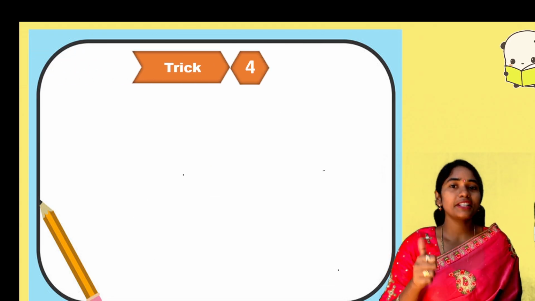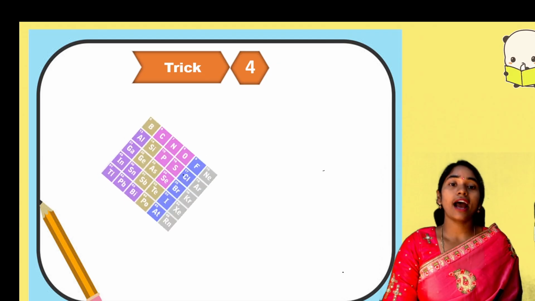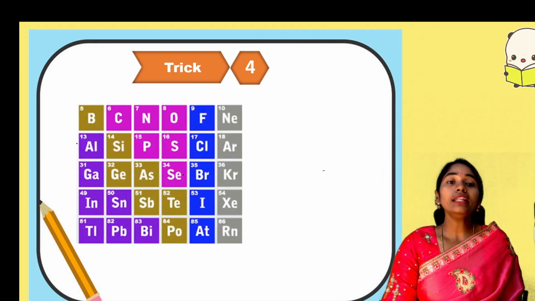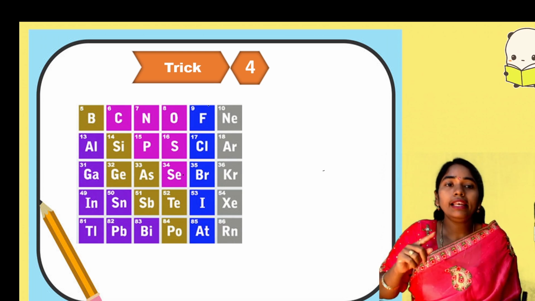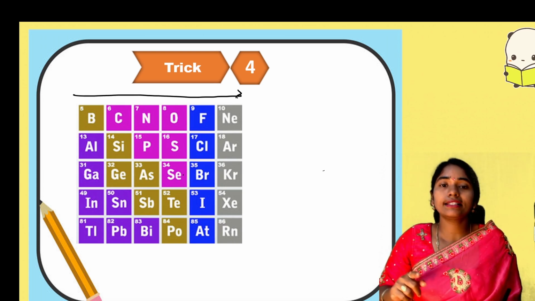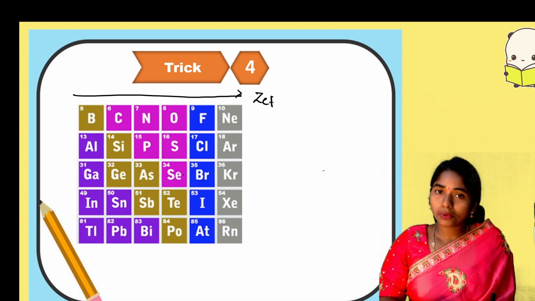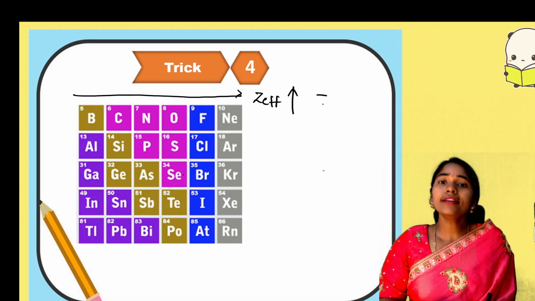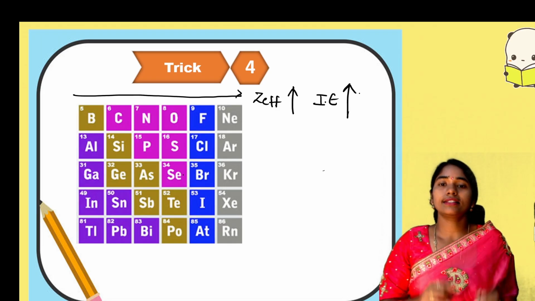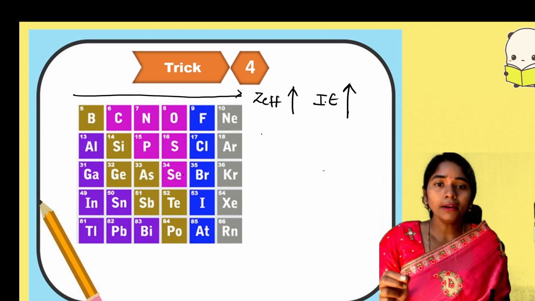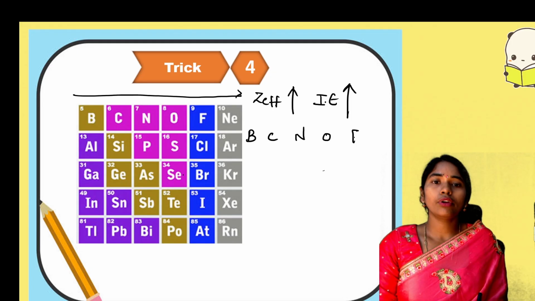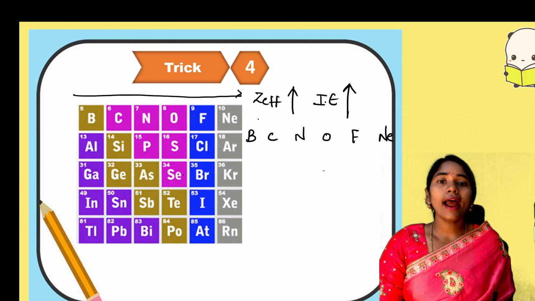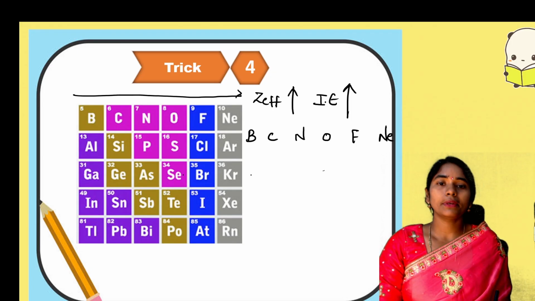Let us see trick number 4. In this trick, I am going to teach you the p block. Left to right, size decreases as I told you, effective nuclear charge increases, ionization energy also increases. So boron, carbon, nitrogen, oxygen, fluorine and neon, this is left to right. And top to bottom, what happens?